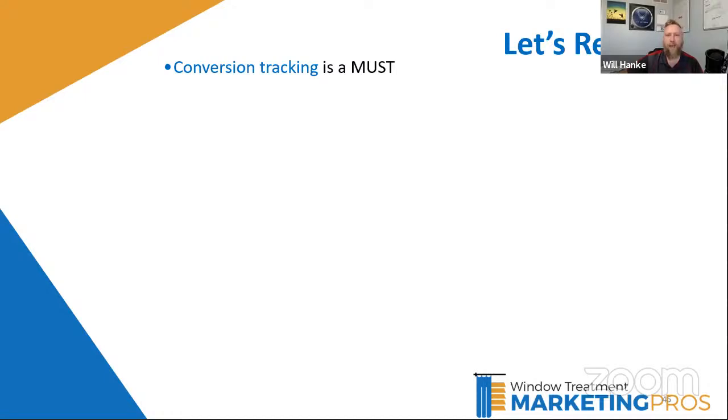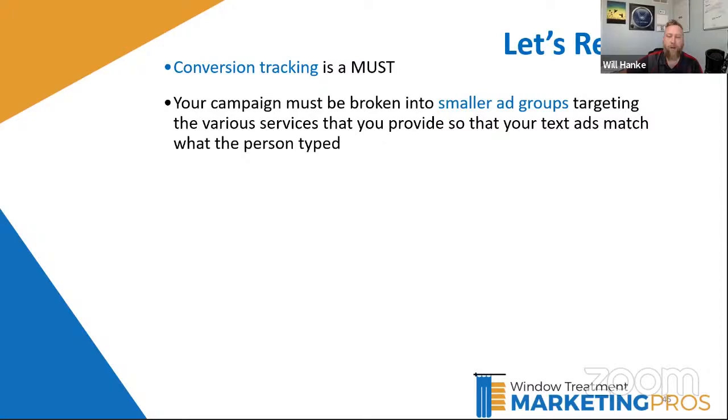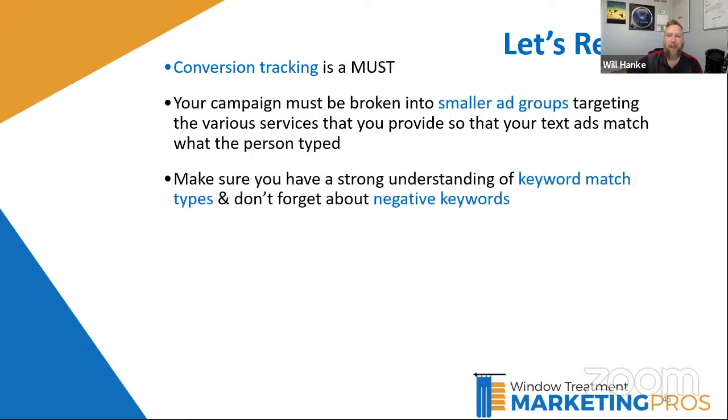Review real quick. Conversion tracking. Absolutely have to have this in place so that you know where your money's going and what leads it's generating. Make sure you break your campaign into smaller ad groups. Don't forget about the different keyword match types.